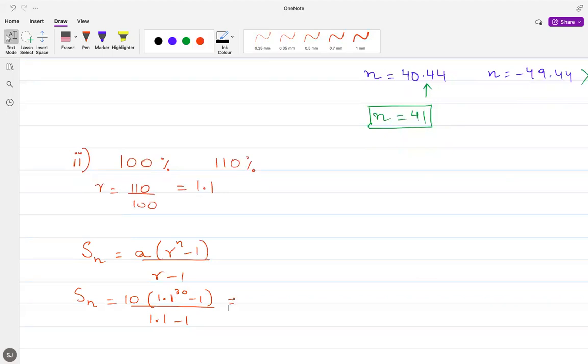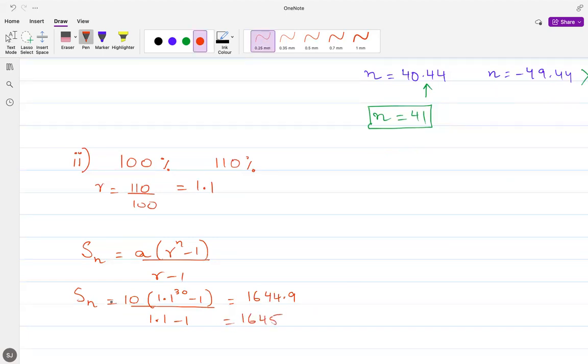Substituting this value in the calculator, we'll get 1.1 to the power 30 minus 1 is 16.44, times 10, and then dividing by 0.1, the answer will be 1644.9. We'll round it off to 1645.